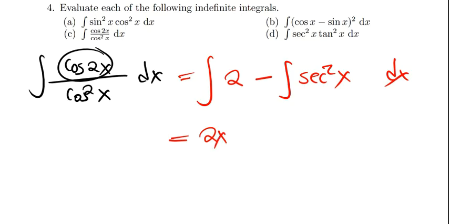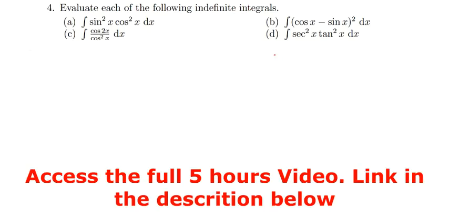The integral of secant squared of x, like I'm showing you, takes you back to tan of x, of course, plus a constant c. That's how you handle c. All right, pause.